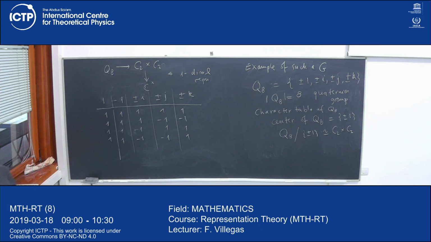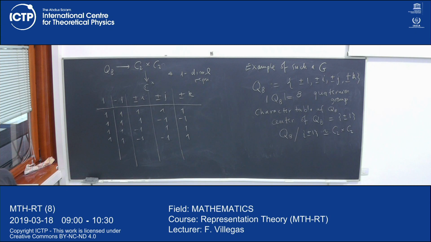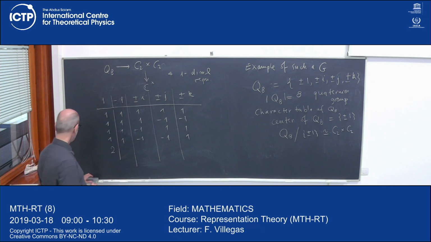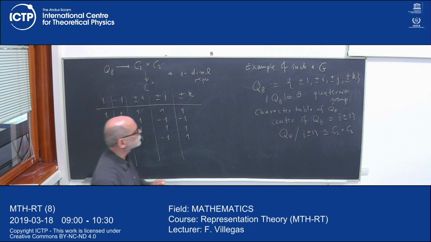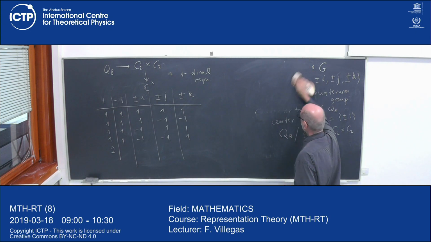So these are all the one-dimensional representations of the quaternion group, and there's 5 conjugacy classes, so there should be 5 irreducible representations. And in fact, the one that is missing is exactly the one that comes from this embedding into SU2.